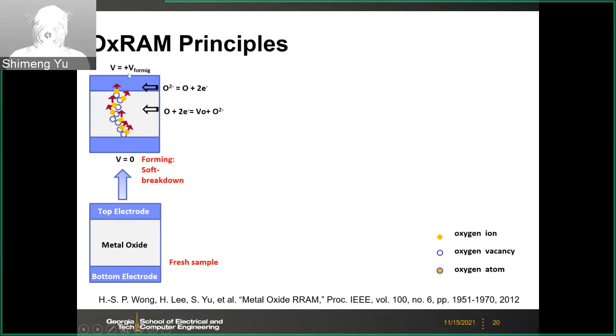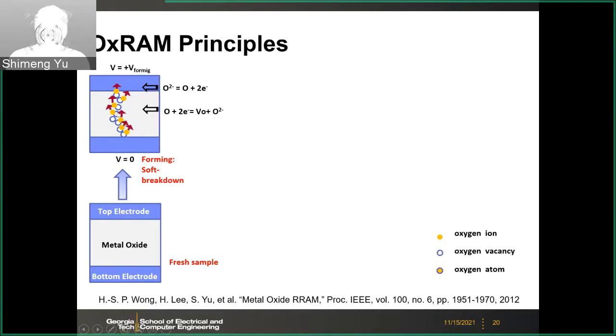So here you apply positive voltage on the top electrode, and then the electric field across this oxide can be very large because this oxide layer is only 5 nanometers or 10 nanometers. If you apply like 3 volts, then the electric field is large enough to knock out the oxygen from the lattice.